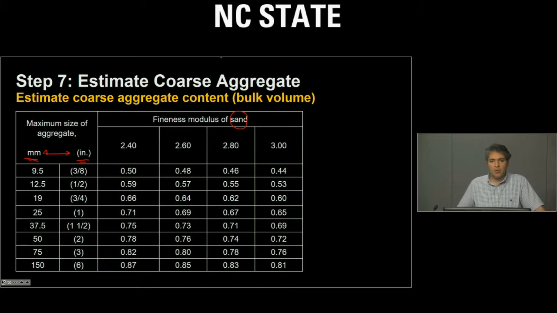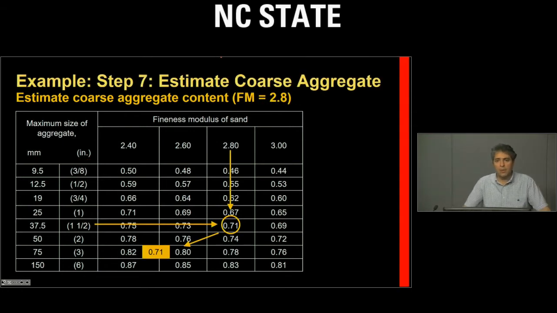This table provides you with a coefficient. This coefficient practically tells you what volume fraction of the unit volume of concrete should be filled with coarse aggregate. That is a very complicated description, but an example would be very easy to comprehend. In our particular example, the fineness modulus of our sand is 2.8.